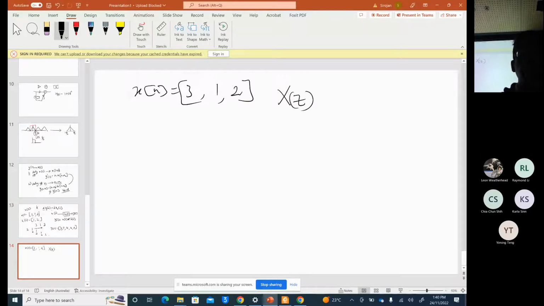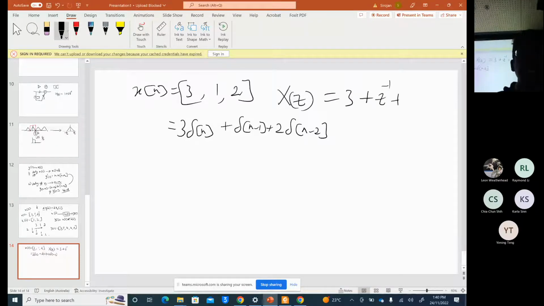If you properly want to write this one, the way to write it is 3 into delta n, plus delta n minus 1, plus 2 into delta n minus 2. Okay, so what is the Z transform of delta n? 1. So 3 plus Z to the minus 1 plus 2 Z to the minus 2.